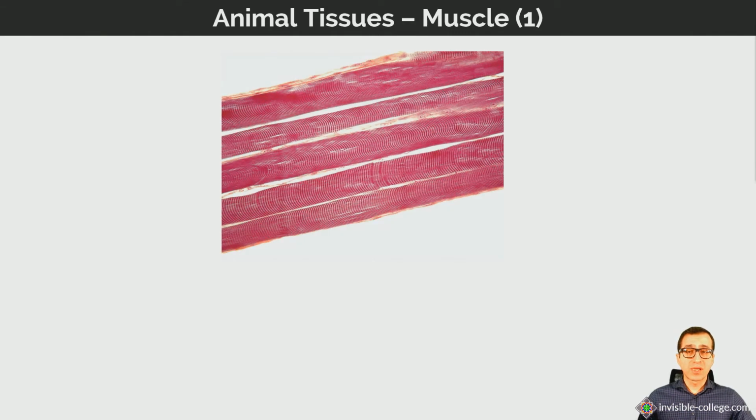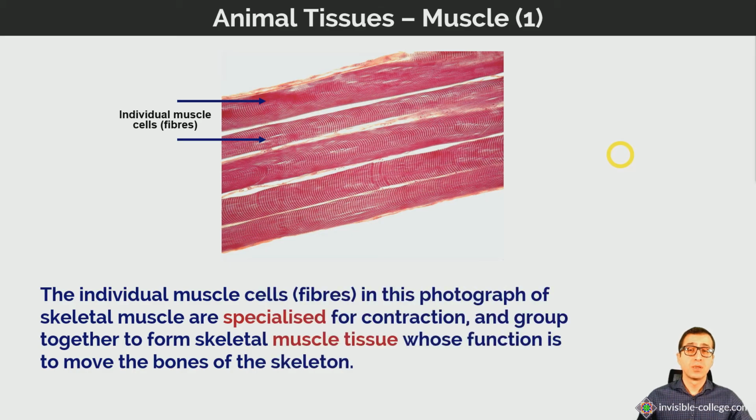So muscle tissue is made up of specialized muscle cells. Here we can see a micrograph of individual muscle cells or muscle fibers. You can see that they have this striped or striated appearance. So these types of cells, these skeletal muscle cells that you see here, are specialized for contraction, for getting shorter and generating a tension, a force, which can then be used to move the muscles and move the bones.